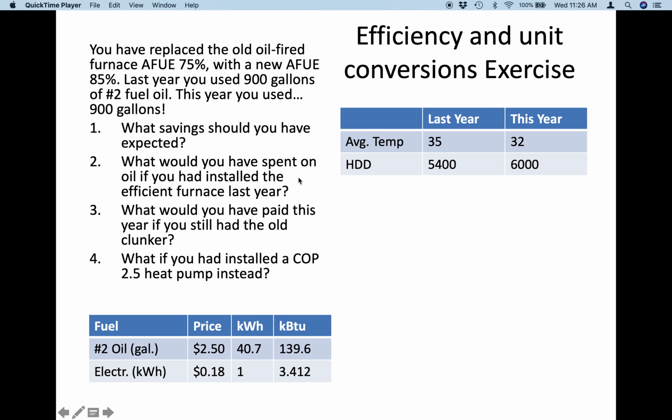So both units are measuring the amount of energy heating value inside that fuel oil. And with electricity, we know obviously in one kilowatt hour of electricity, there's one kilowatt hour of energy, but there's also 3.412 thousand BTUs in each kilowatt hour of electricity.